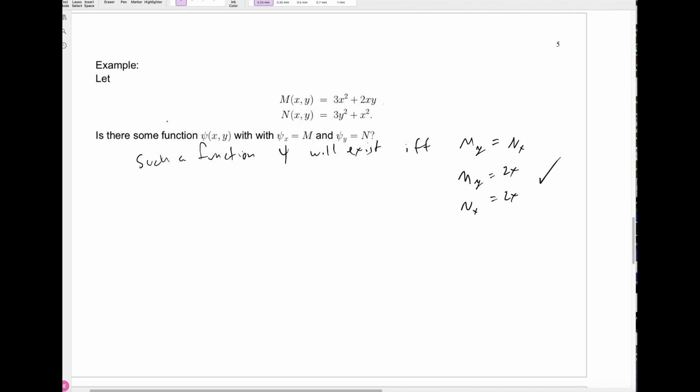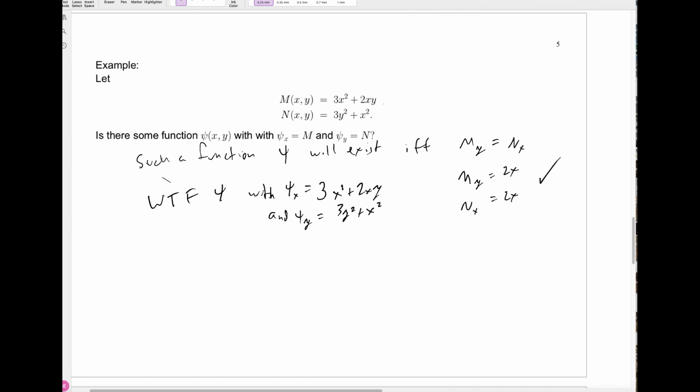We want to find c here with c sub x, I'm sorry, c sub x has to be 3x squared plus 2xy, and c sub y equals 3y squared plus x squared.